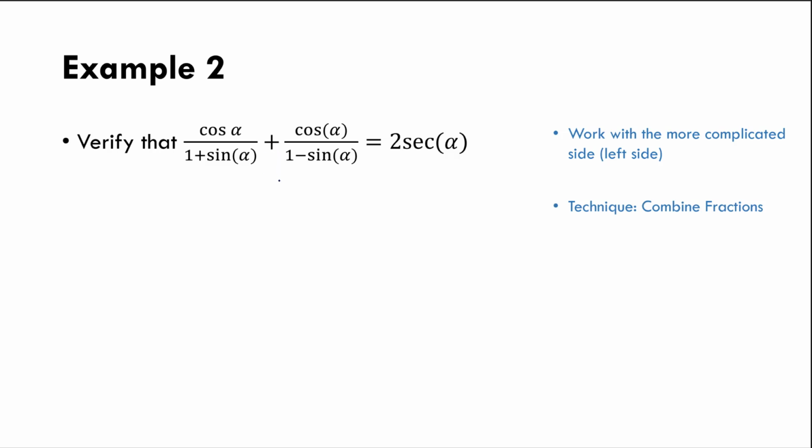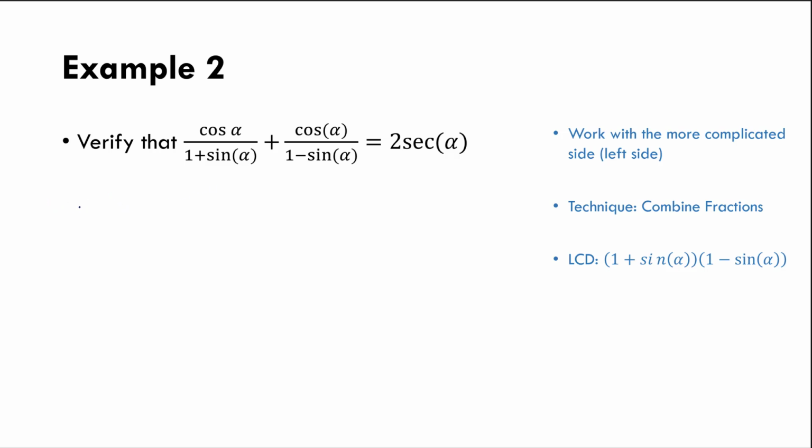In order to do that for our left-hand side, we need to come up with our LCD. We can see that our LCD here is going to be 1 plus sine alpha times 1 minus sine alpha. So I'm just going to rewrite this. What is this first term missing in its denominator from the LCD? Well, it's missing the 1 minus sine alpha.